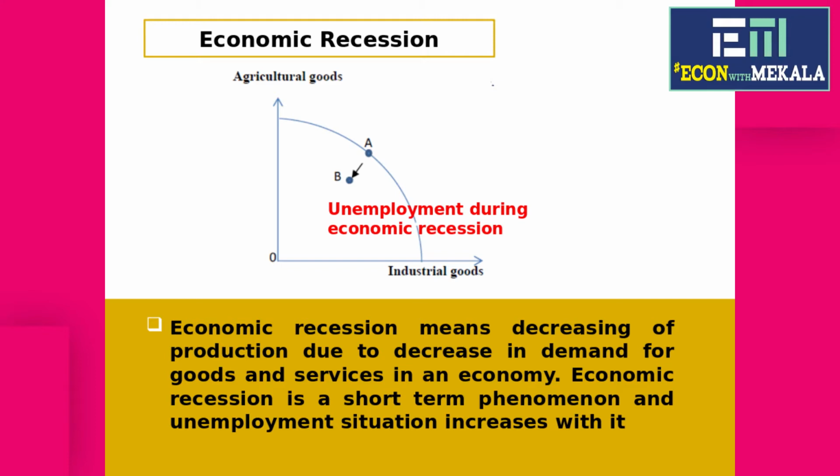So they cannot cover their business costs like labor cost or production cost. When unemployment is occurring, people will have low income. Due to low income, the total demand in the economy will naturally decrease. So a situation like economic recession, a short-term phenomenon, we can represent from a point like point B.